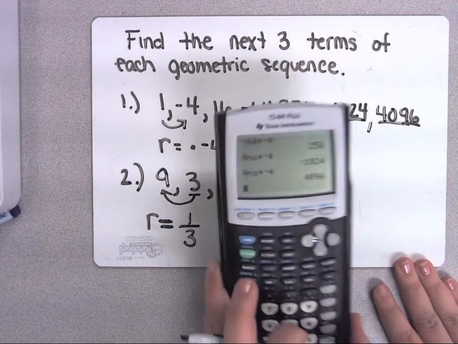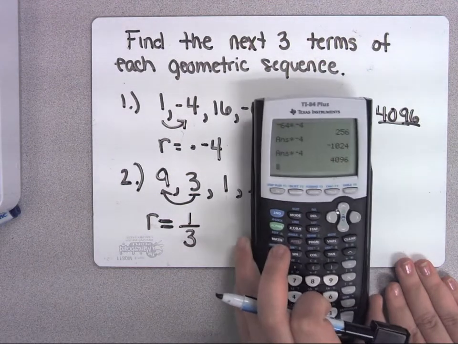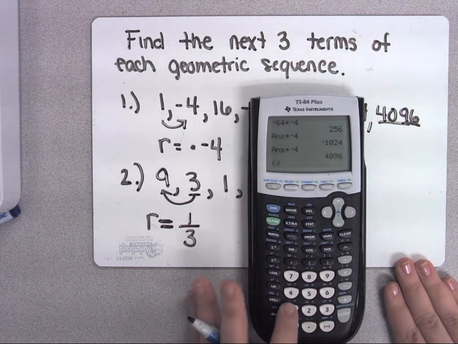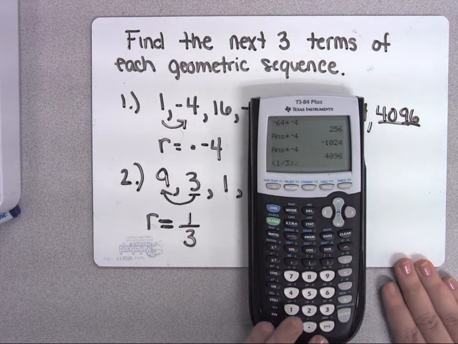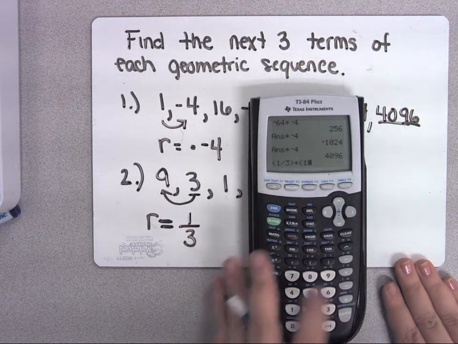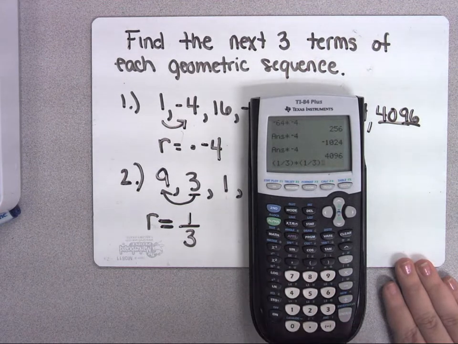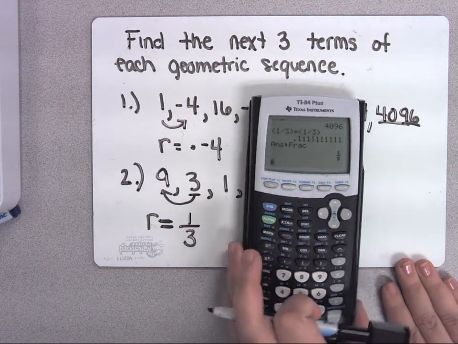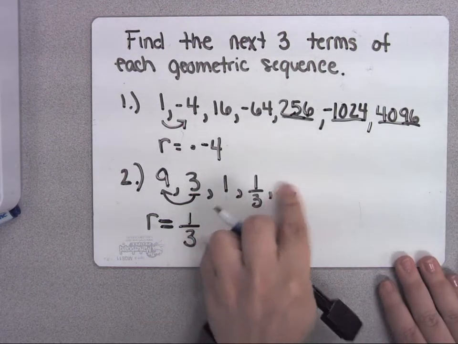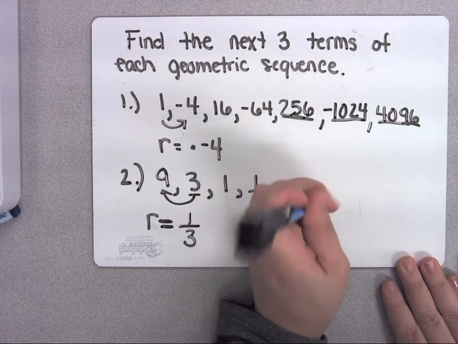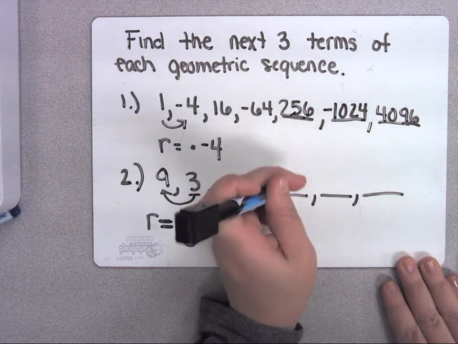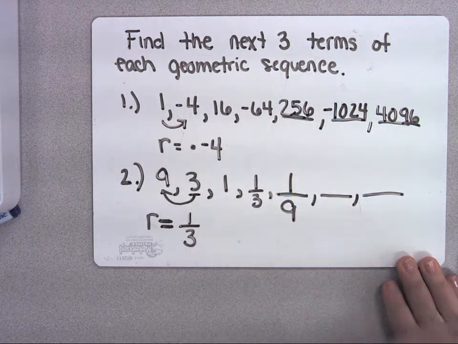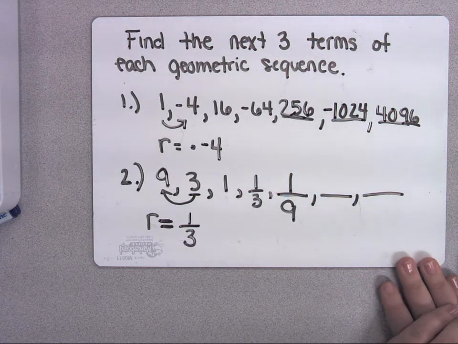So when you type this into your calculator, my last number is 1/3. I have 1/3 in my calculator times 1/3. Put it in parentheses, math fraction. What's the next number after 1/3 then? 1/9. I always use the line as a fraction bar. I don't know why, I just always do.